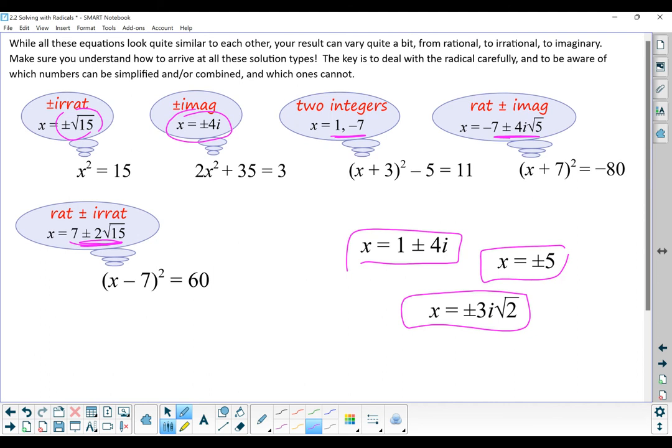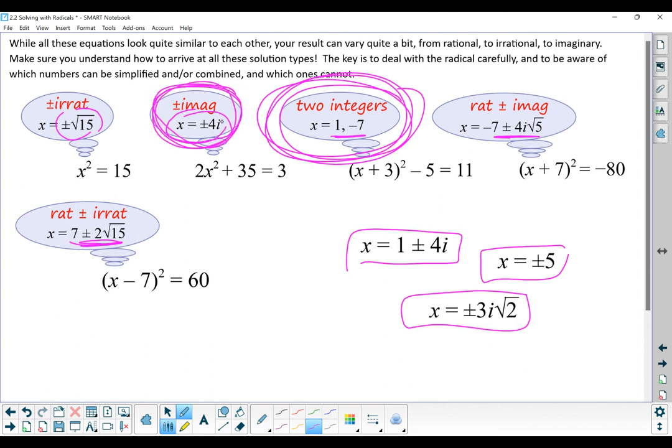And the real key is to deal with the radical carefully, so that you get that radical simplified, and then to know when you can combine things up or when you just have that positive and negative answer, and when you have to leave your parts separate, like on this one or on this one.